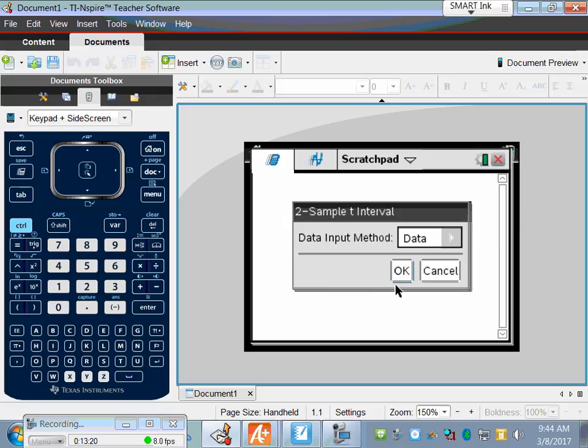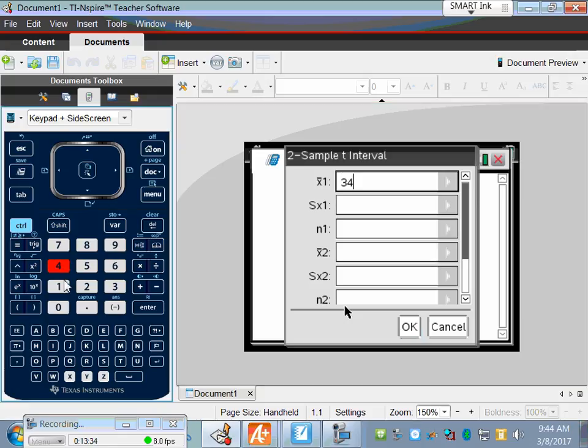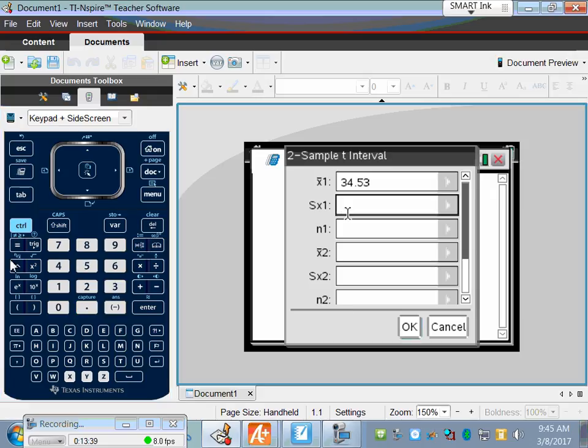You can choose data or stats. Data is when you have a whole list. We already know the statistics, the mean, and all that. So go to stats. And we're going to go ahead and plug in. So x bar 1 is 34.53, that was the mean of the first one. And the standard deviation was 14.26.